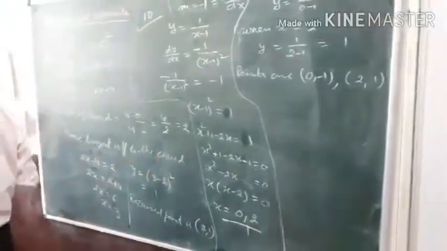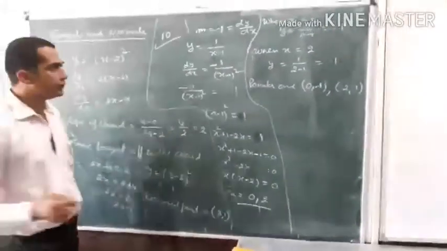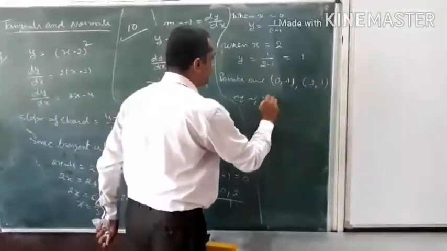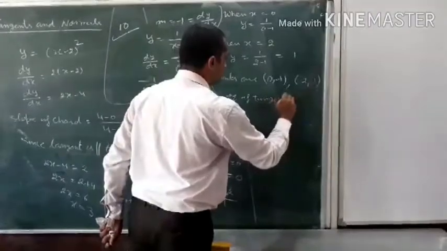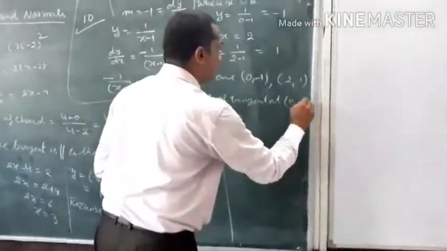Now we have to find the equations of the tangents. Equation of tangent at (0, minus 1).